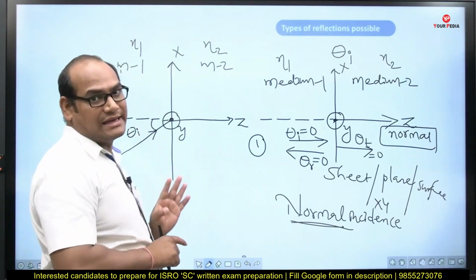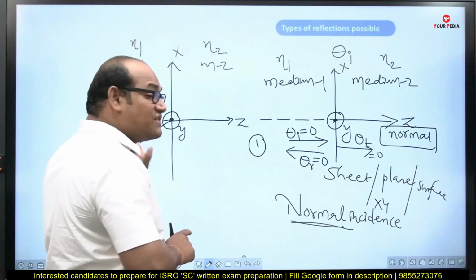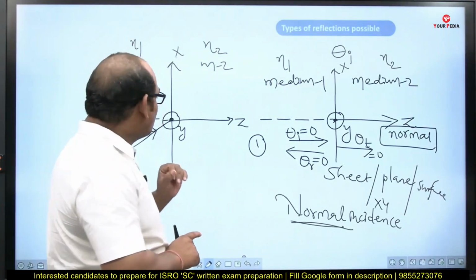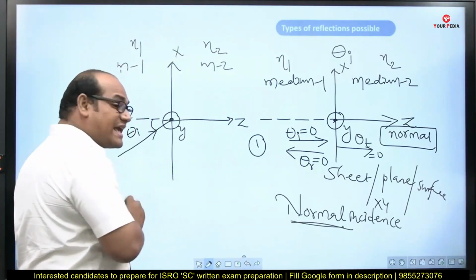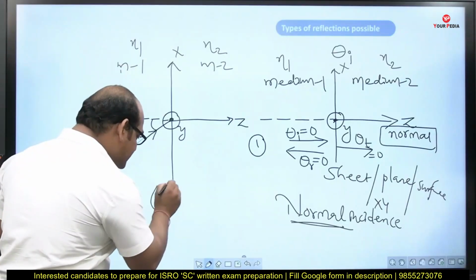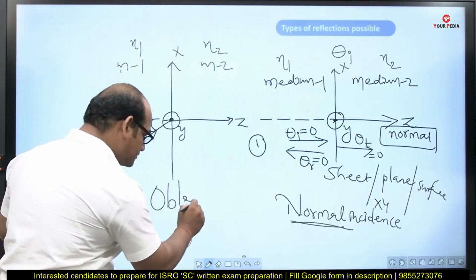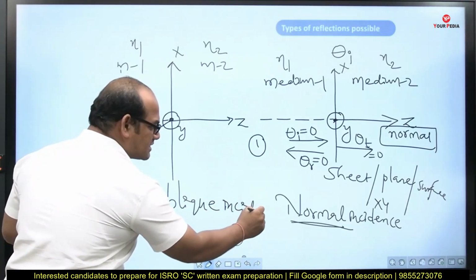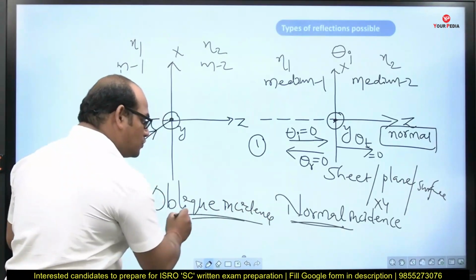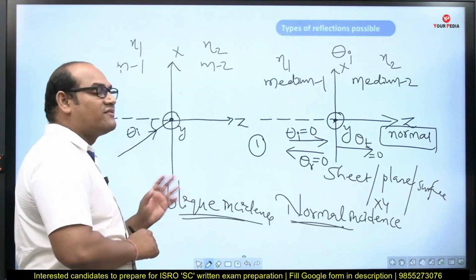It has a certain arbitrary angle, so this particular case is called oblique incidence.